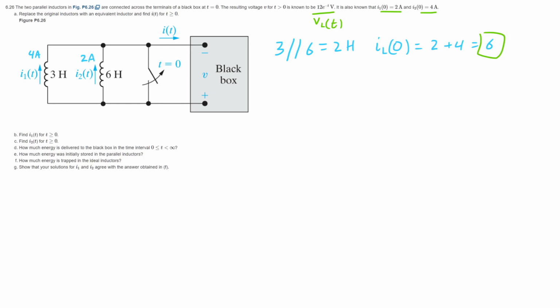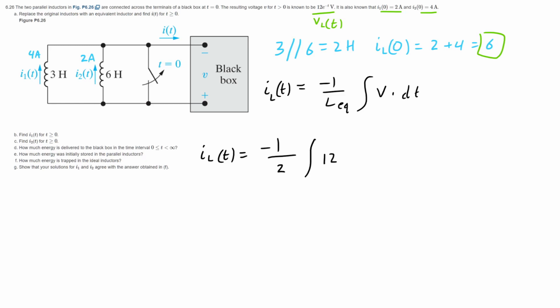And now we're going to find out what the current is for the equivalent inductor. Now, the voltage was given as, well, let me write this out first. So L_eq v dt. I should say v(t) dt, but it doesn't necessarily have to be a function of time. But in this case, it is. So i_L(t) is going to be 1 over L equivalent, which is 2, and then 12 e to the minus t dt.